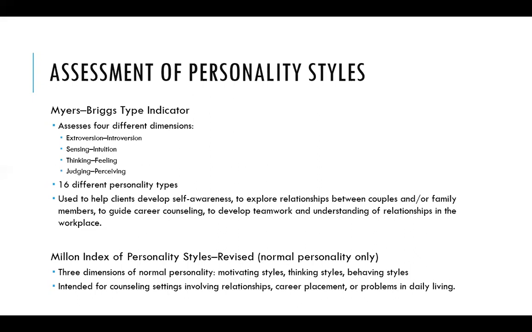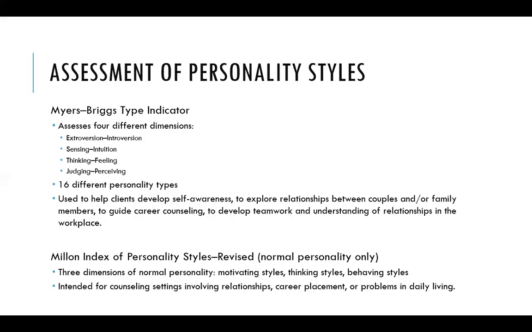So for example, when I've taken the Myers-Briggs Type Indicator before, I've gotten ENFP as my personality type. So that would mean that I would fall under extroversion, intuition, feeling, and perceiving, right? And based on that 4-letter code, that gives me some insight into how I function as an individual and how I function in the world around me and in the relationships around me.